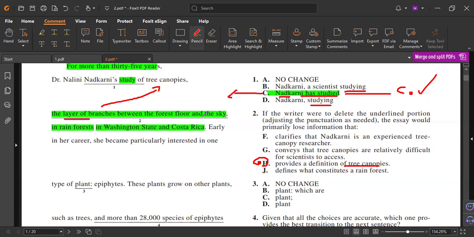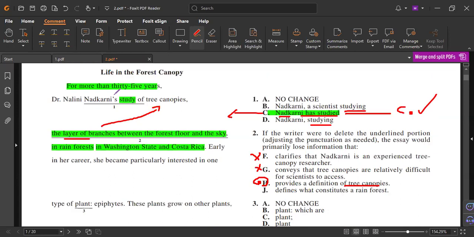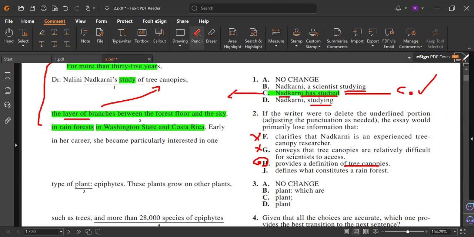He said the layer of branches. So F and G are out of the content of the sentence. So when I find this kind of question, I must read the whole sentence, not only the underlined part, and check all the definitions. For number 3, it must be letter A, but why?